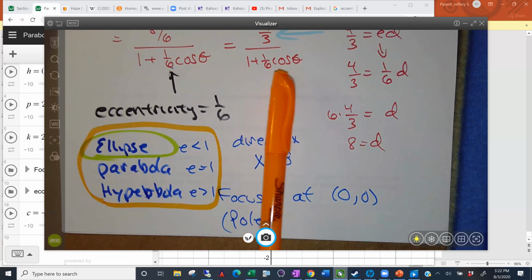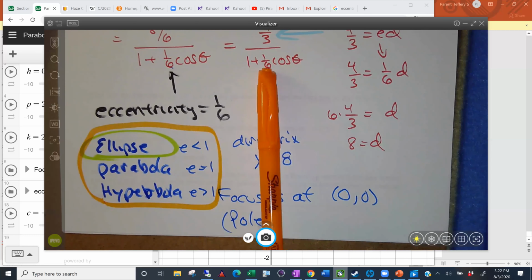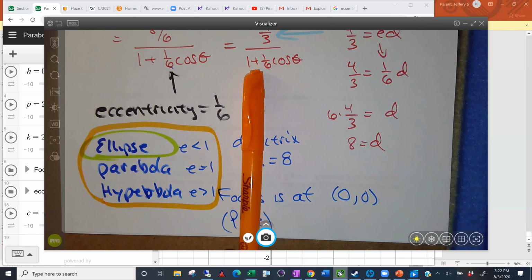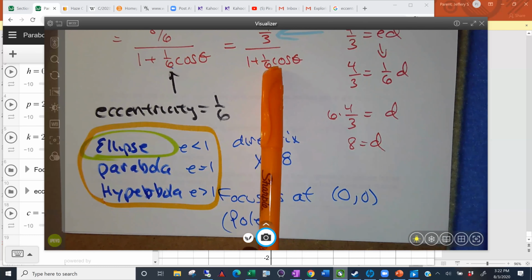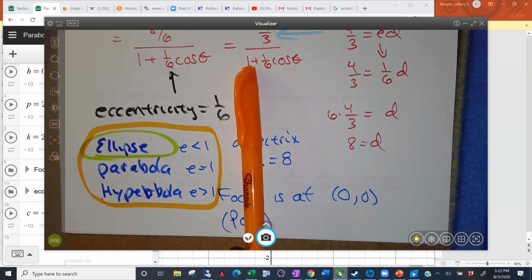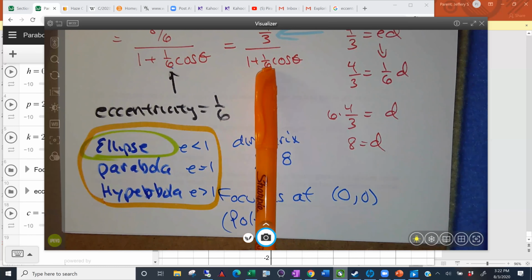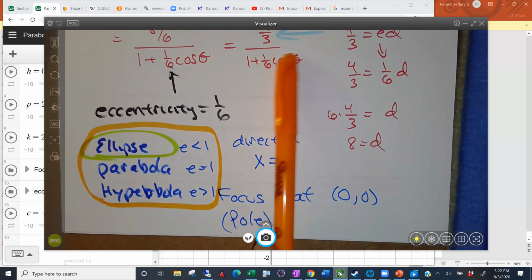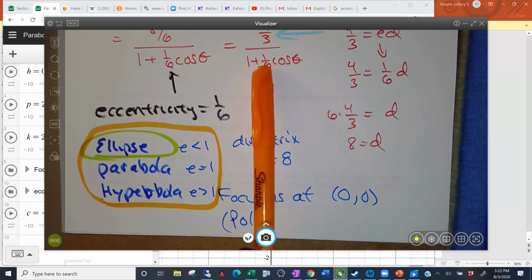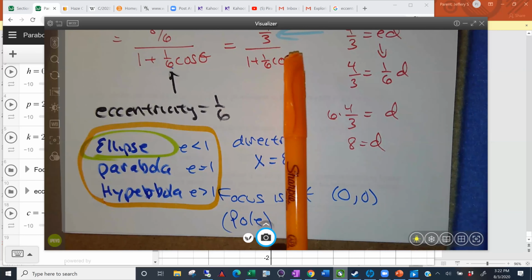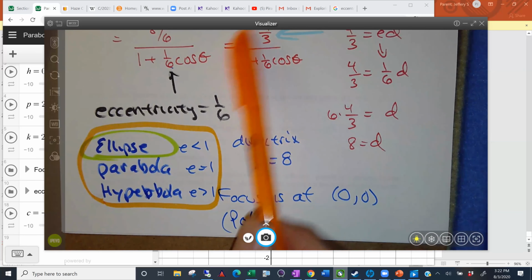So in order for this denominator to equal 0, this number has to be at least as big as 1, if not greater than 1. Otherwise, I'll have 1 minus 1/6 or 1 plus 1/6 at most, because remember, cosine and sine go between 0 and 1. So if this isn't at least 1, I'll never divide by 0, and I'll just get a nice ellipse.